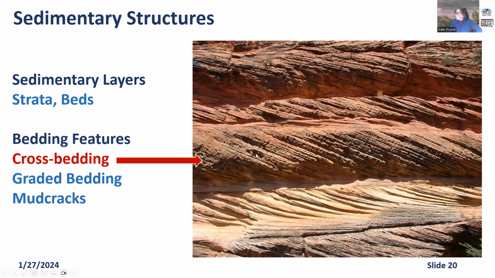This makes up what we call cross-bedding because our main layering is still horizontal, but within that we've got these layers that are at an angle. And that's telling us that the transporting agent was depositing this sediment in dune-like forms, leaving these angled layers.